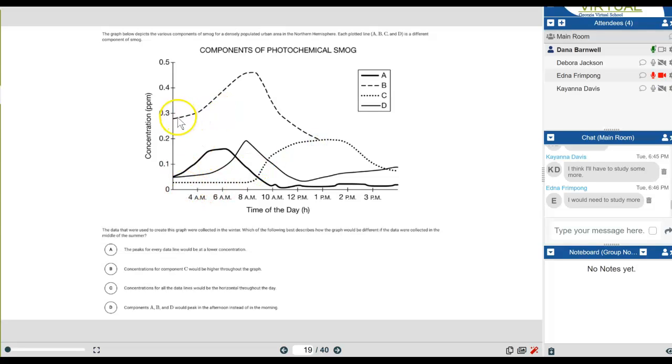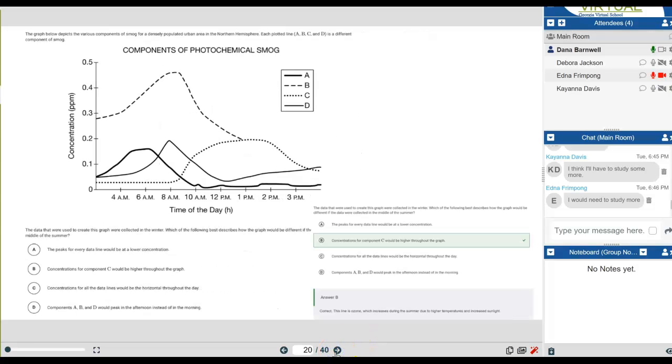What if one of these is your nitrogen oxides, and one of these is your ozone? What do you think is going to happen in the summertime if there's even more sunshine and more heat? Hopefully you see that the concentration of component C, right here, in the summertime is going to be even more pronounced because of the UV component and the heat that is required.